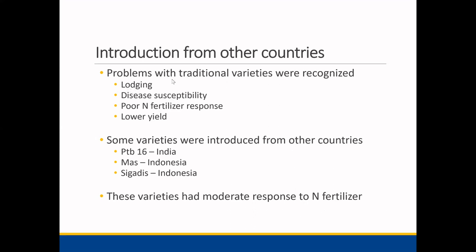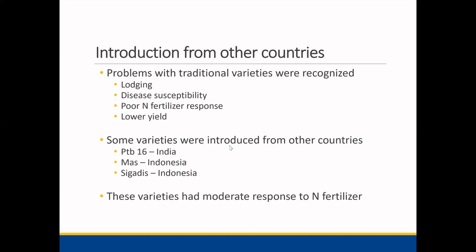They grow tall, so lodging means they fall down, right? With the wind or maybe when they are near the harvesting and all. And this is susceptibility and poor nitrogen fertilizer response, and the lower yield, right? Because of all these problems, they had lower yield, right?